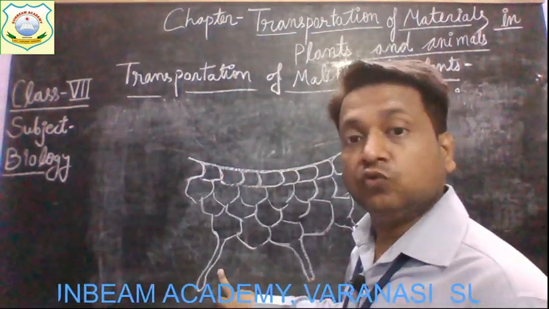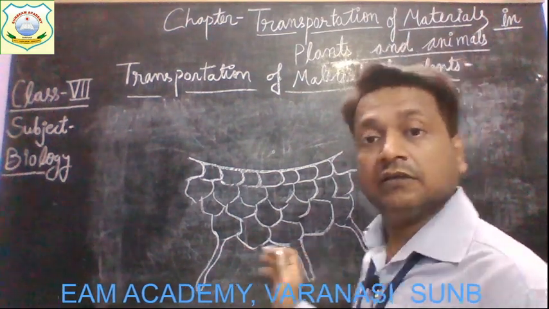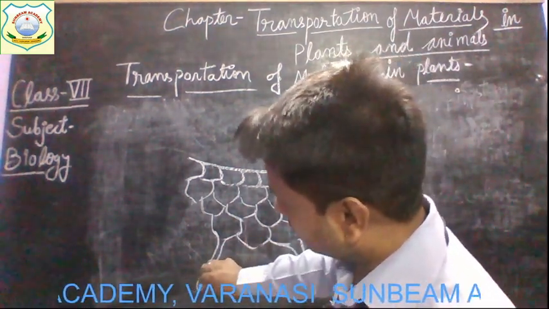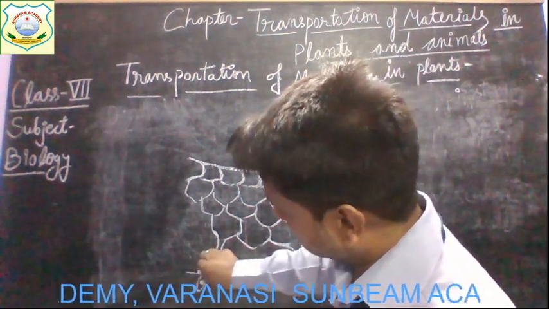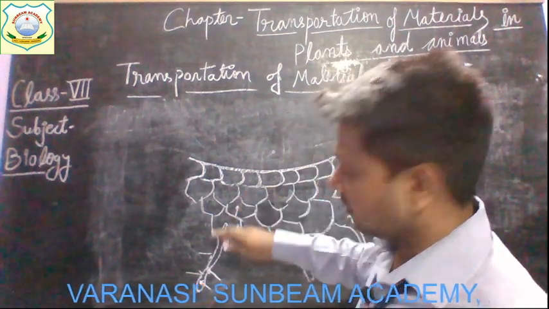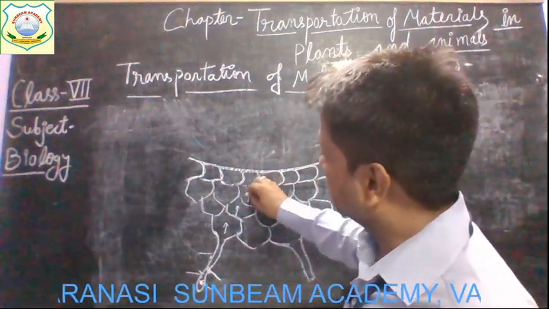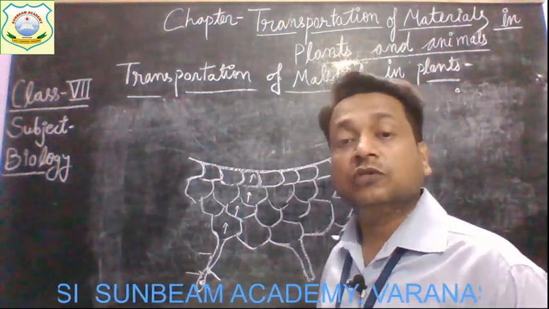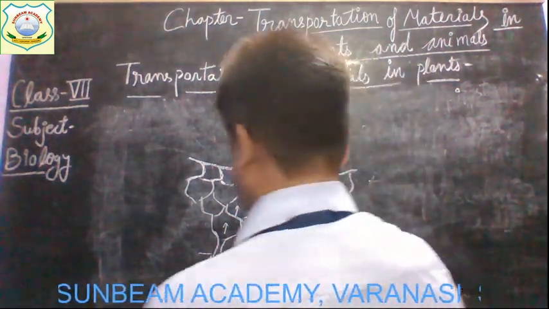These are the root hairs which are present on roots. From the root hairs, the water is absorbed and reaches different cells. One by one it moves inside and finally goes to the xylem tissues.